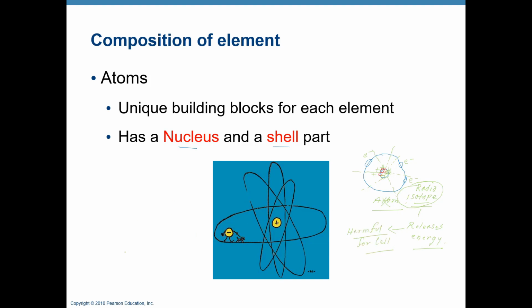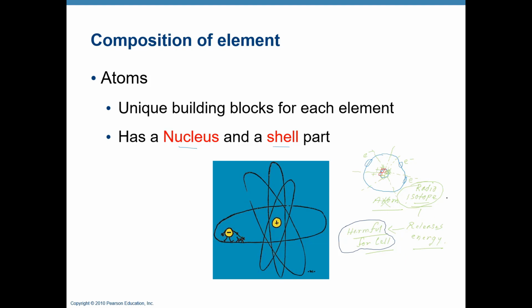And could be harmful. Now, since we know that radioisotopes can kill the living cells, we can use that radioisotope for medical purposes or to treat some diseases, for example, cancer or tumor.